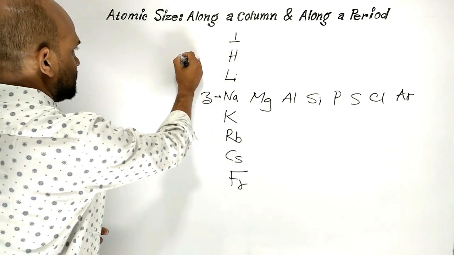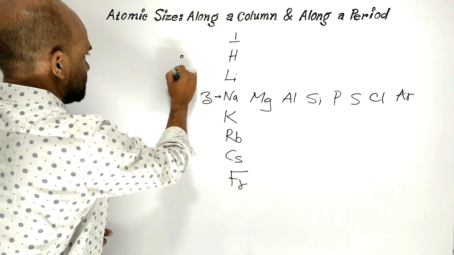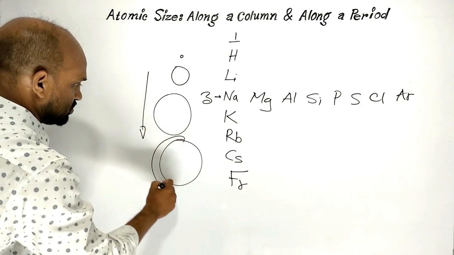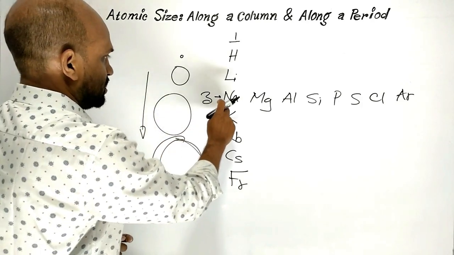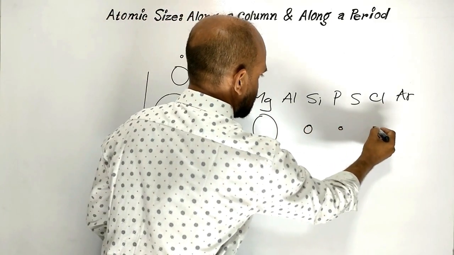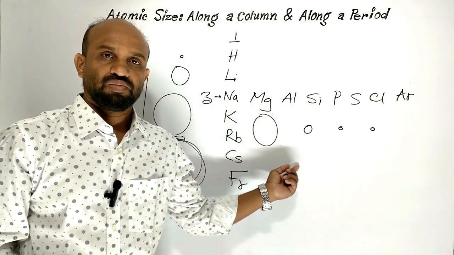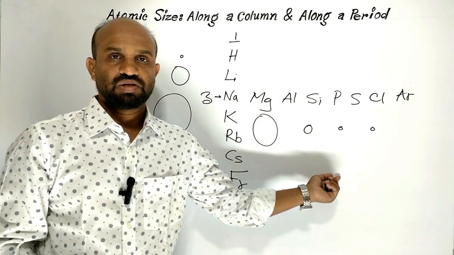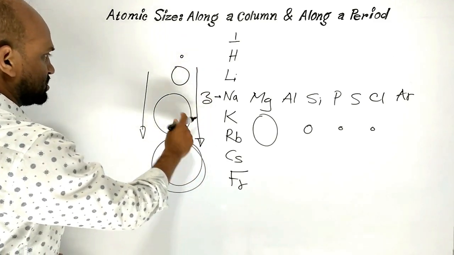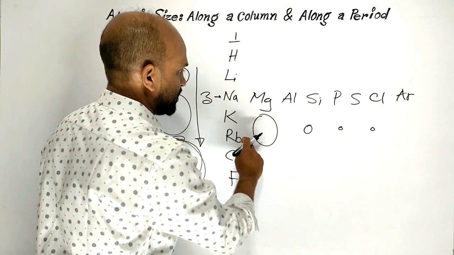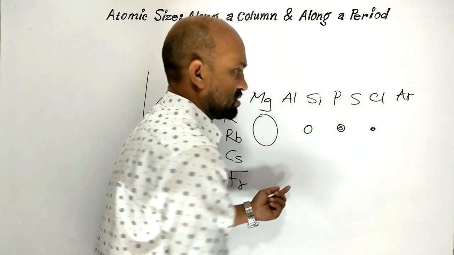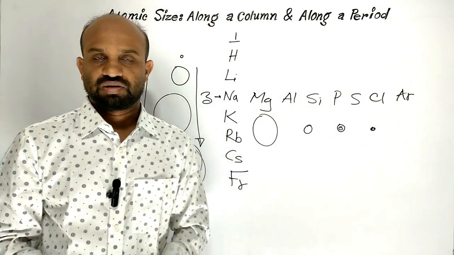Along a column, atomic sizes increase from top to bottom, and along a period, atomic sizes decrease from left to right. What is the reason behind this?